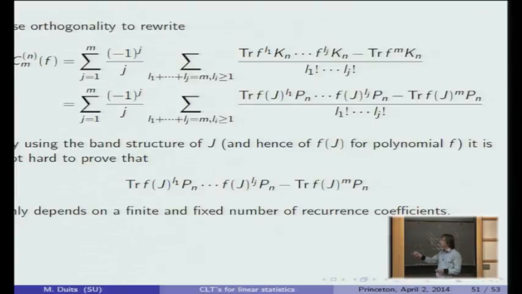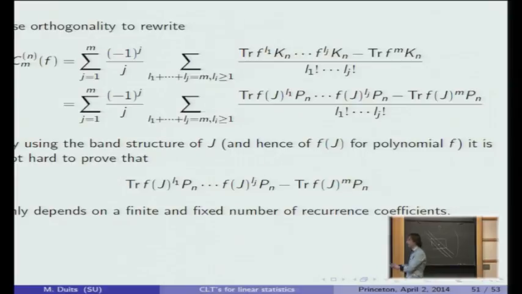Because J is a banded matrix, f(J) is banded, and if you then look at the difference between those traces, you will see that these differences only depend on a very small part of the Jacobi operator. They only depend on these small corners in these boxes here, and that comes from the band structure of J.